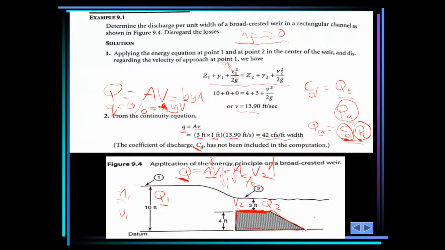So that is why the theoretical discharge is usually smaller than the actual discharge, because the coefficient of discharge is usually less than 1. Sorry, this is QA over QT, so that the actual flow rate is CD times QT.